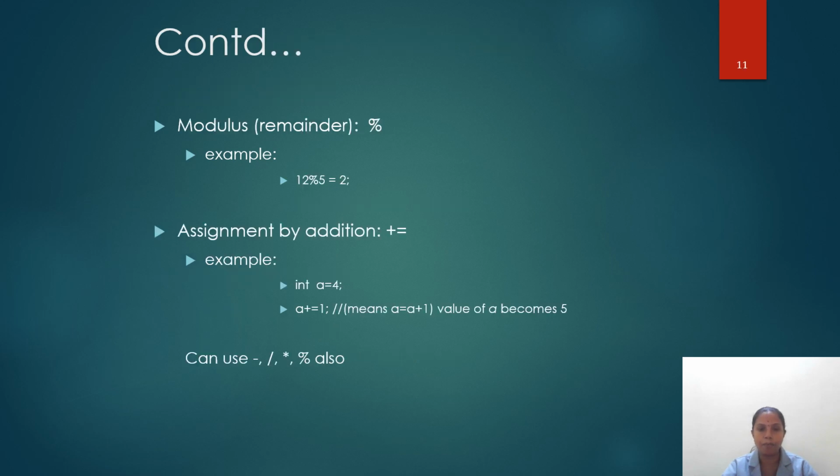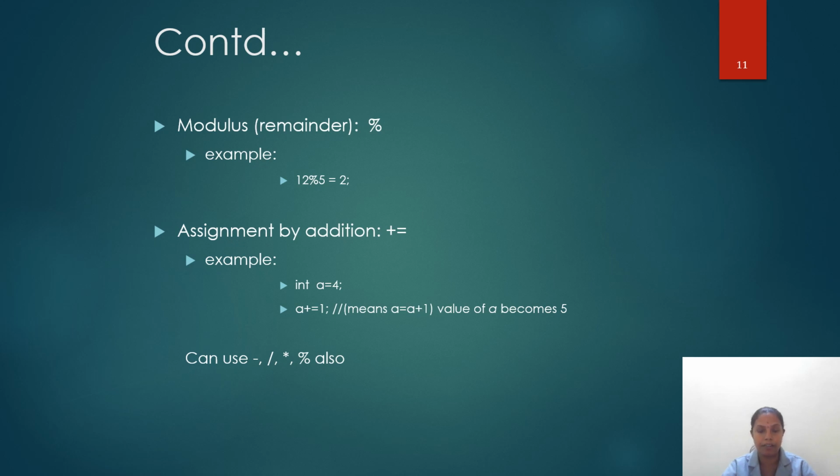Then we see the modulus operator. It is called the remainder operator, and we use the percentage symbol. For example, 12 % 5 is equal to 2. This is the modulus operator. Then assignment operators are available in the C programming language. It is a shortcut method, the compound assignment.